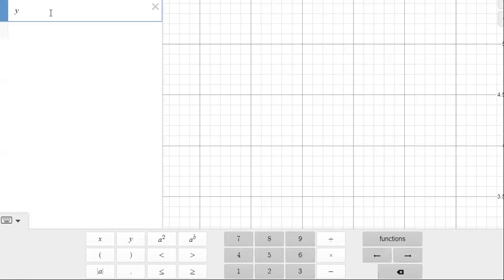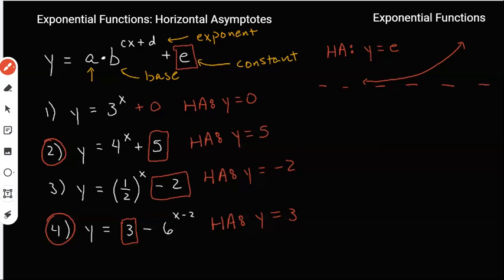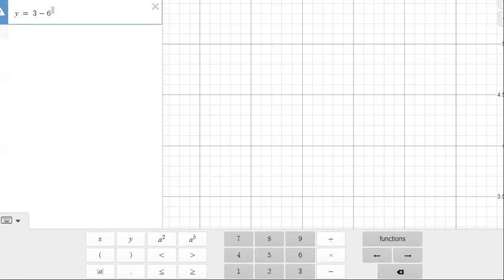Okay, so I've got y equals 3 minus 6 to the x minus 2 power. X minus 2, that's going to be my exponent.